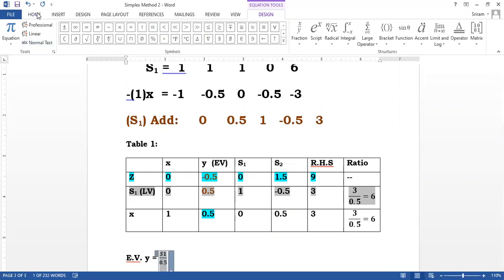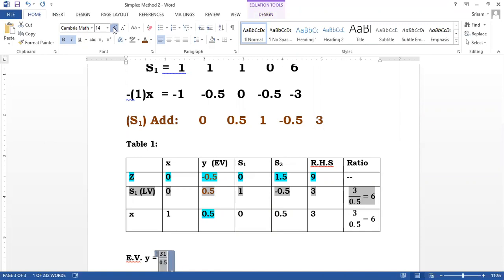We are going to take the value of the old S1 and divide by 0.5. What is the meaning of this? What is the value of S1? I am having 0, 0.5, 1, minus 0.5, 3, isn't it?